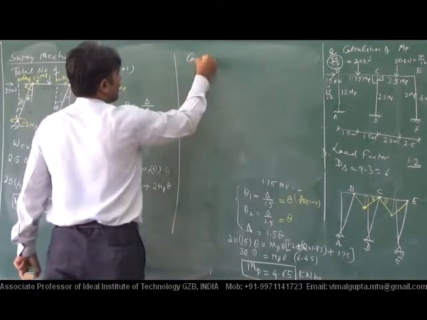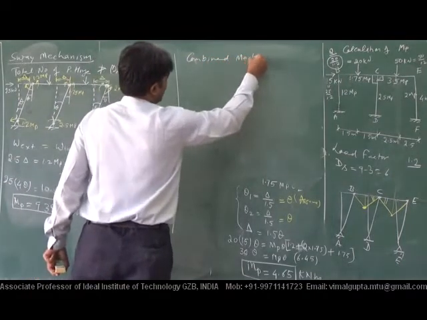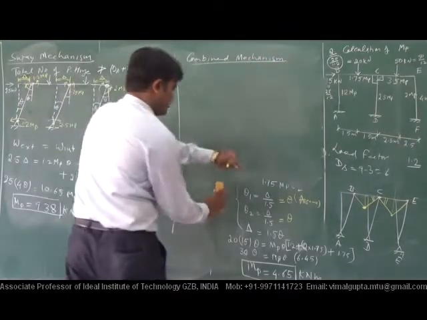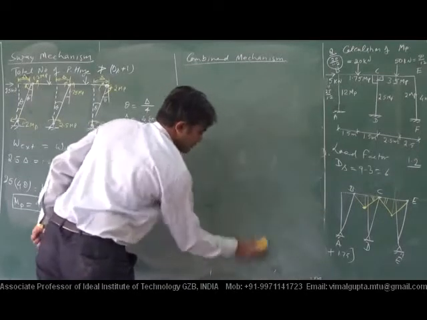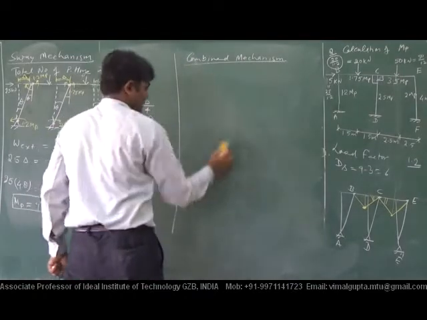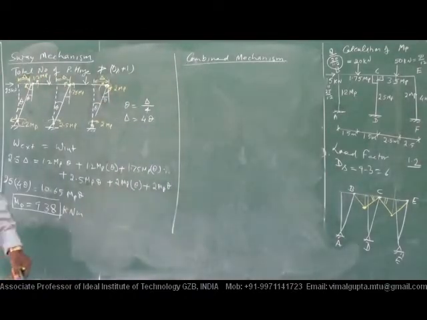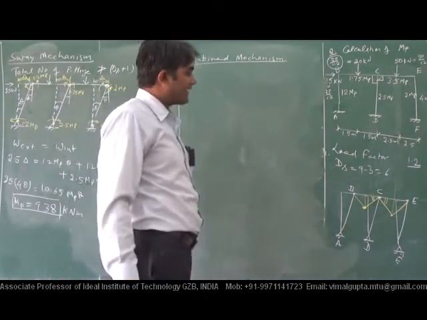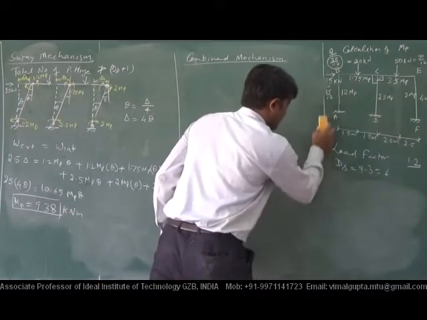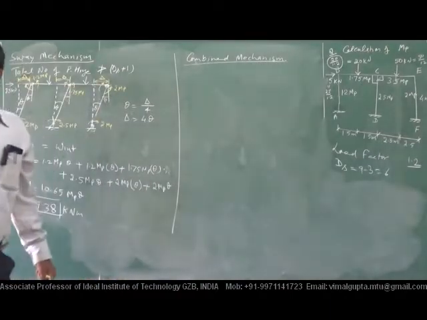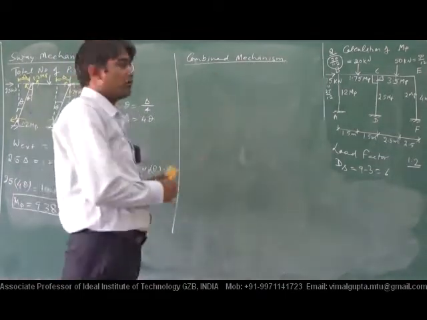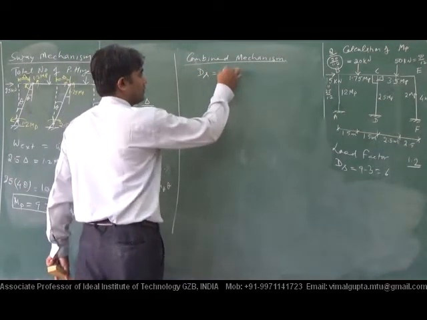Combined mechanism. So in the combined mechanism, since we know the value of ds, it is total 6.